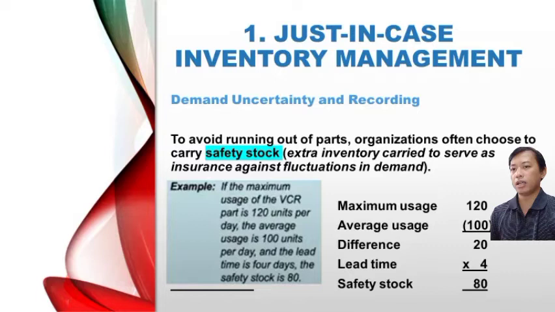We deduct the average usage of 100 to get the difference, which is 20. Then we multiply by the lead time, which is 4. So 20 times 4 is 80. So that is our safety stock. Again, safety stock is the extra inventory carried to serve as insurance against fluctuations in demand.